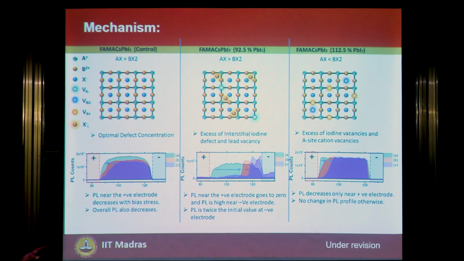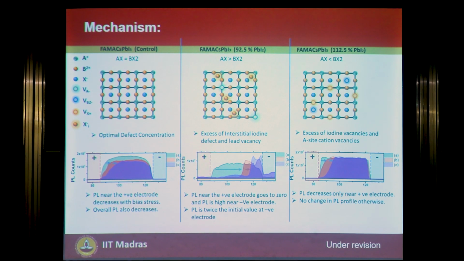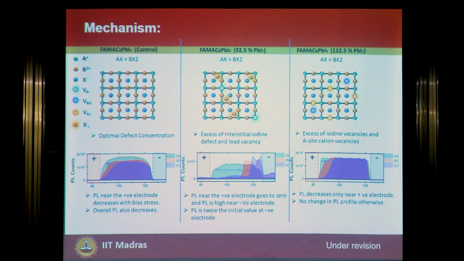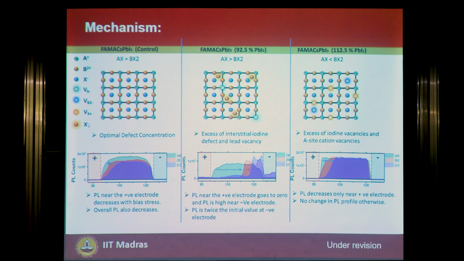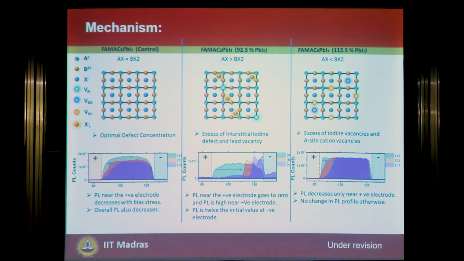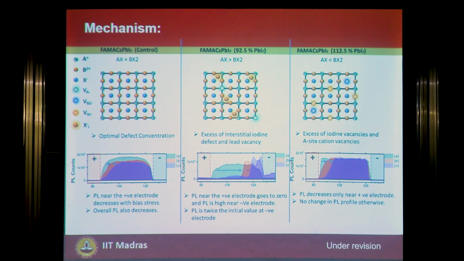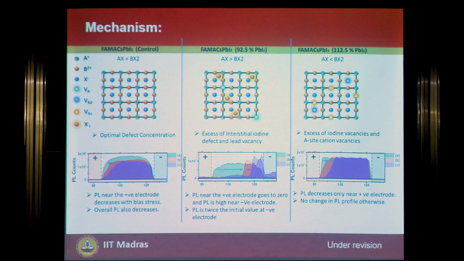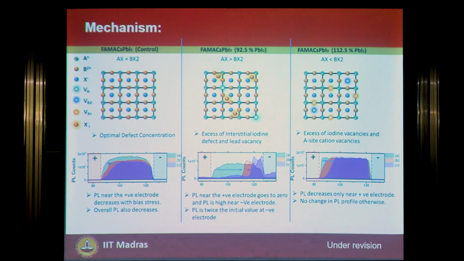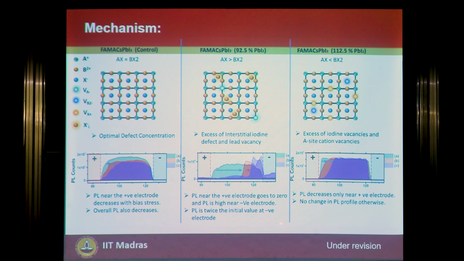Is there any direct evidence of these interstitials being observed by any microscopy technique? No. I know there is a difficulty in doing microscopy itself, because the moment the electron beam falls, the material decomposes. Are there any other methods? For example, I think you were roughly including 10% of interstitials on either side. Yes. So what is the guarantee that the interstitials or vacancies are the ones contributing to this?